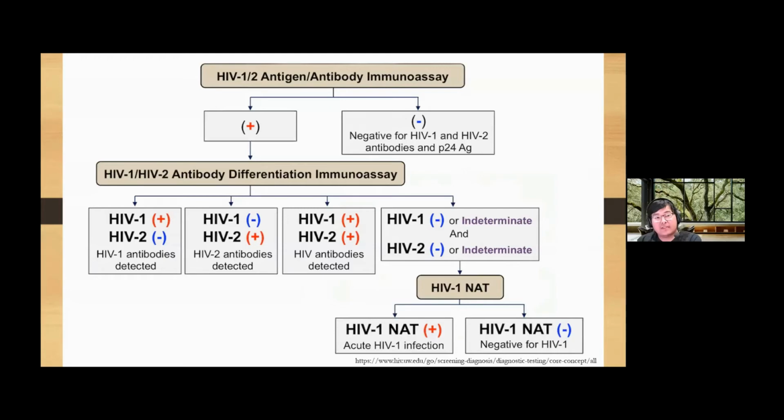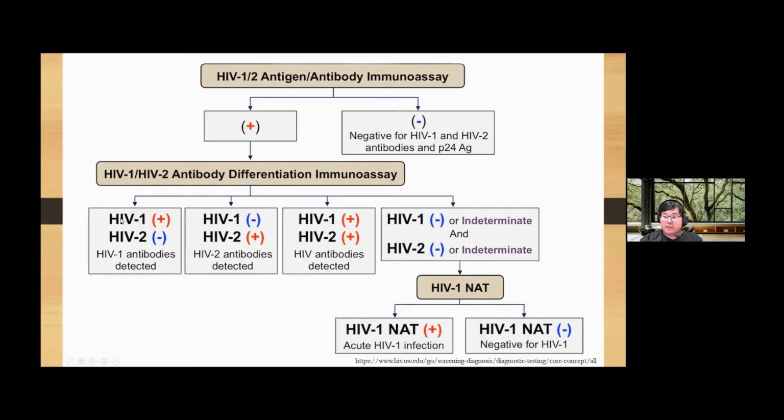So if it's negative, then we can say that they don't have HIV-1, 2 antibodies and a P24 antigen. In most cases, there are some exceptions. There's one exception to the rule, which I'll talk about in a second. And if they're positive, then we want to go down. We want to figure out, hey, what type of antibody is positive?